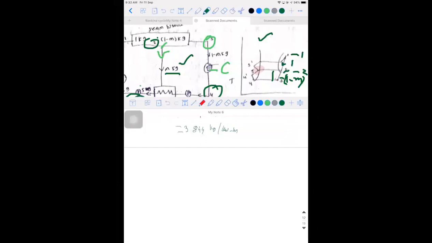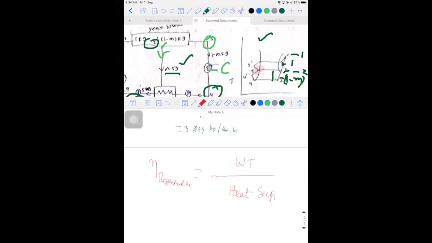It equals the same WT divided by heat supplied. Heat supplied. This is what I get.